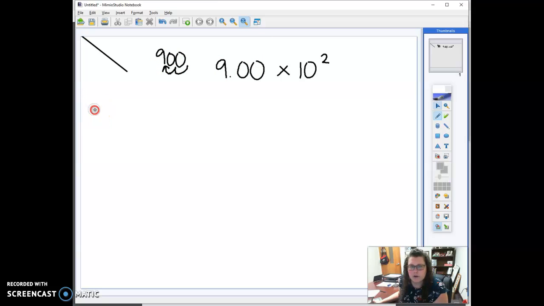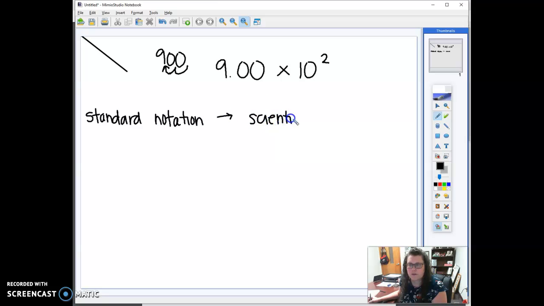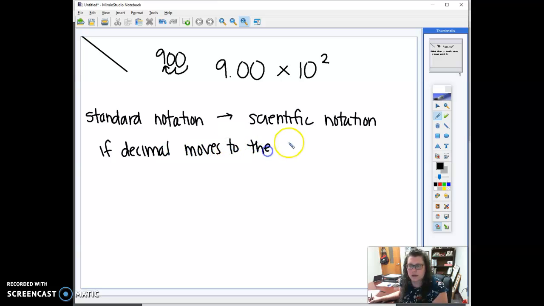So if I go from standard notation into scientific notation, which is what I'm doing here, if the decimal moves to the left, which is what I did, the exponent is positive.